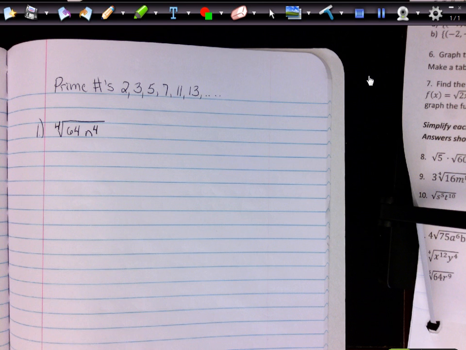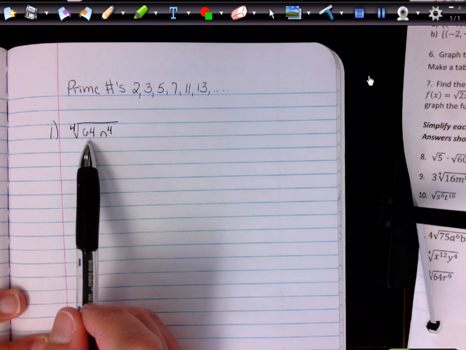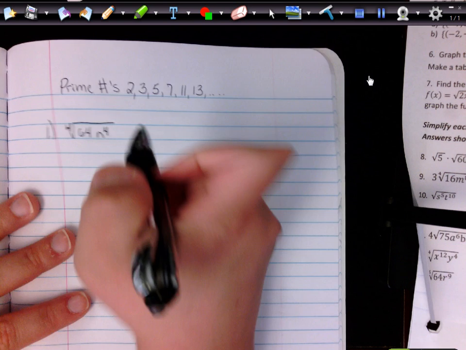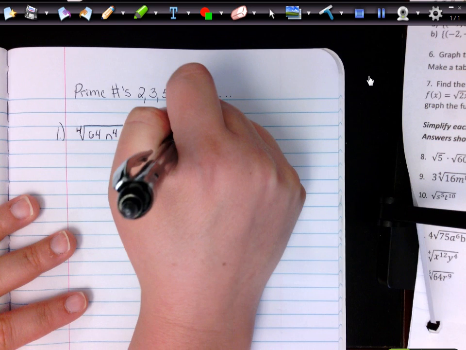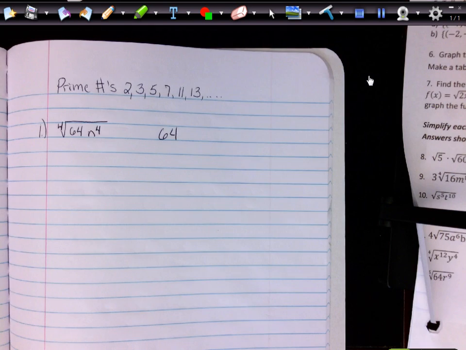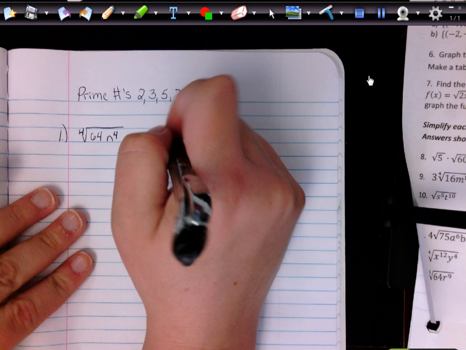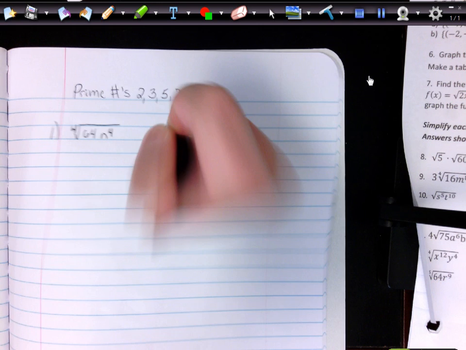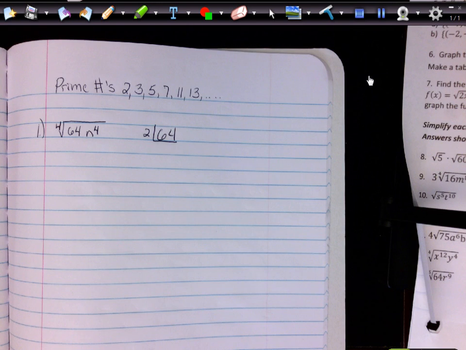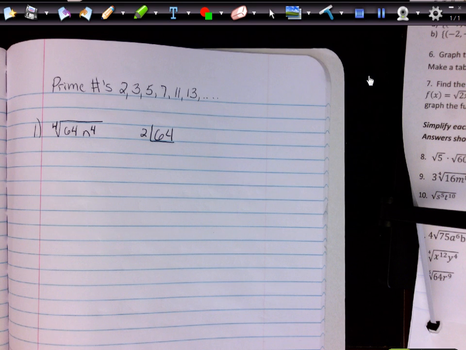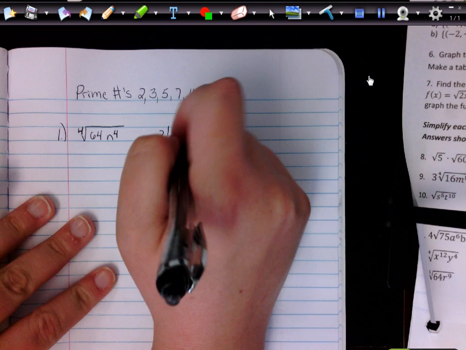Alright, and just like yesterday, I need to break that 64 down into its prime numbers. So I'm going to upside down birthday cake it. I'm going to write down 64, and I like to start dividing with the smallest prime that I can first. So I'm going to divide 64 by 2 and get 32.